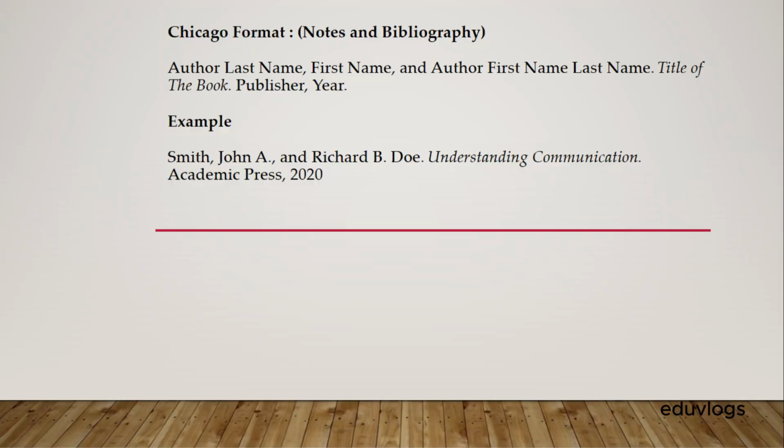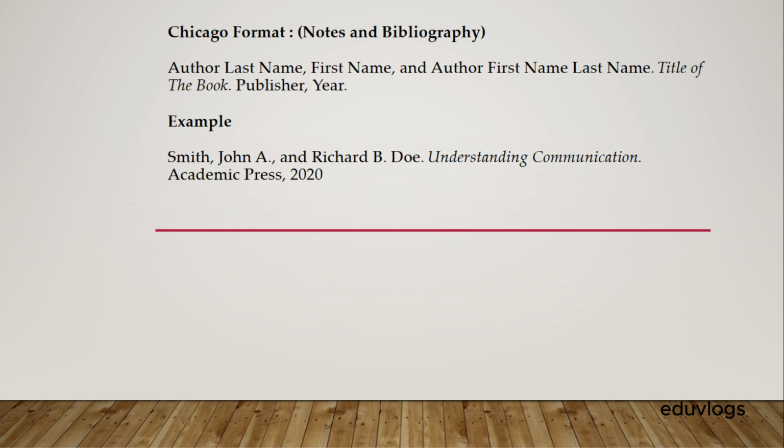Now let us look at the Chicago style of referencing a two-authored book. First, we look at the format. The format for referencing a two-authored book includes the author's last name and first name, and the author's first name and last name for the second part.